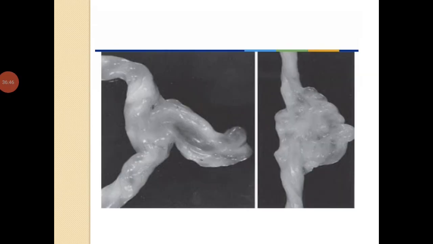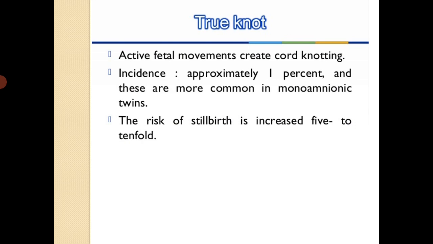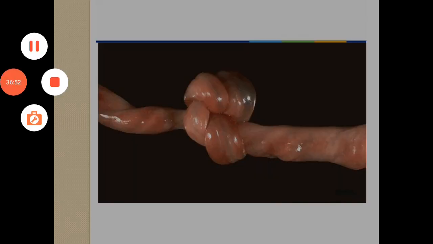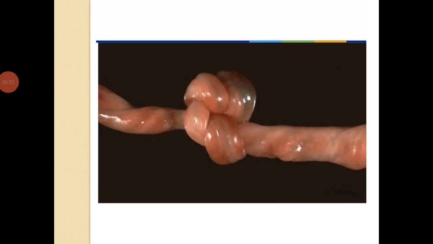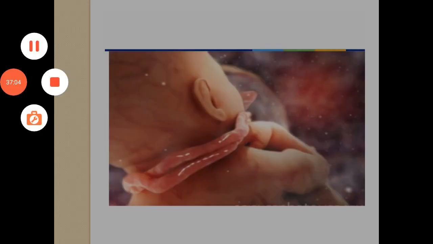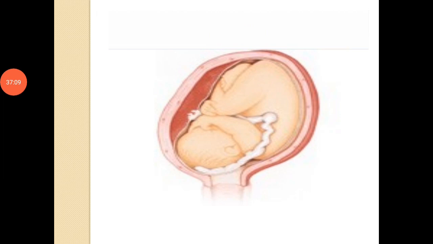This is the false knot, then true knot, then loop of the cord, where the cord will entangle around the fetal body or fetal neck. Then funic presentation, that is the cord presentation.